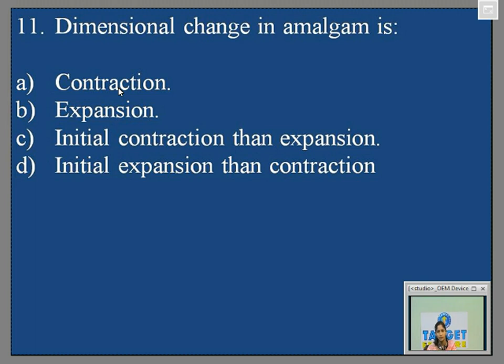So that results again in net contraction. So that is about the modern amalgam alloys. In a broader term, the dimensional change in amalgam is always an initial contraction for the first 20 minutes and then there is net expansion.